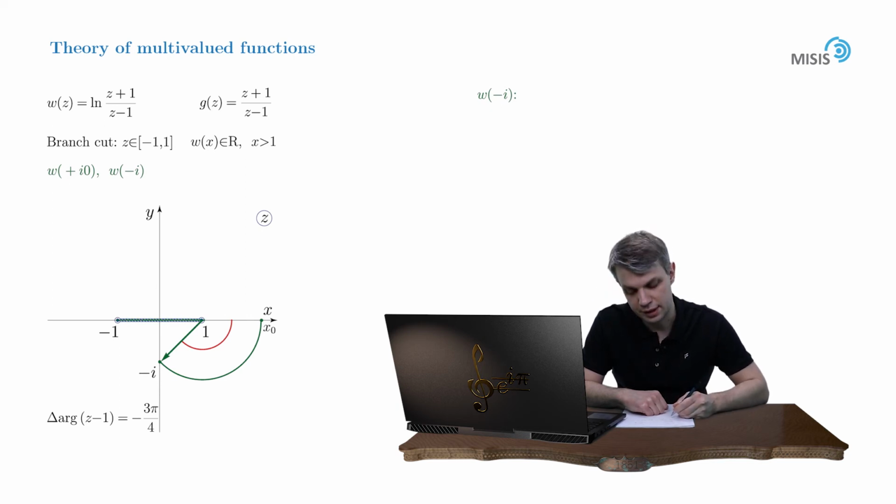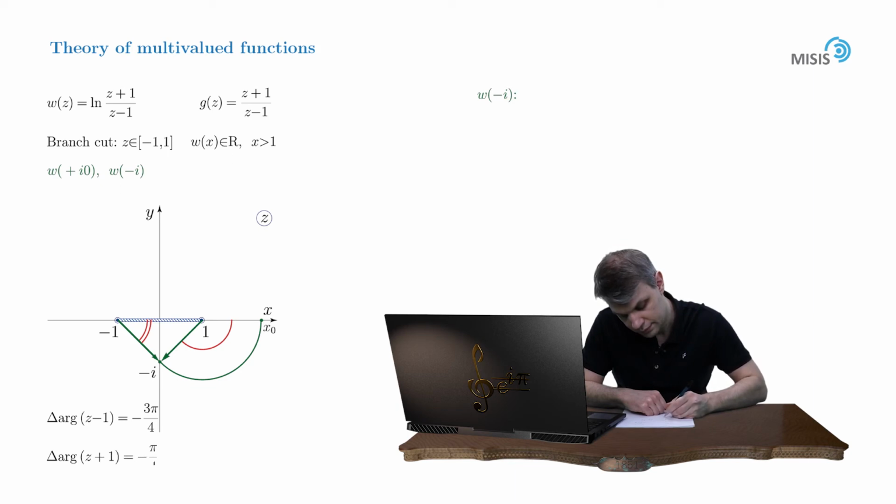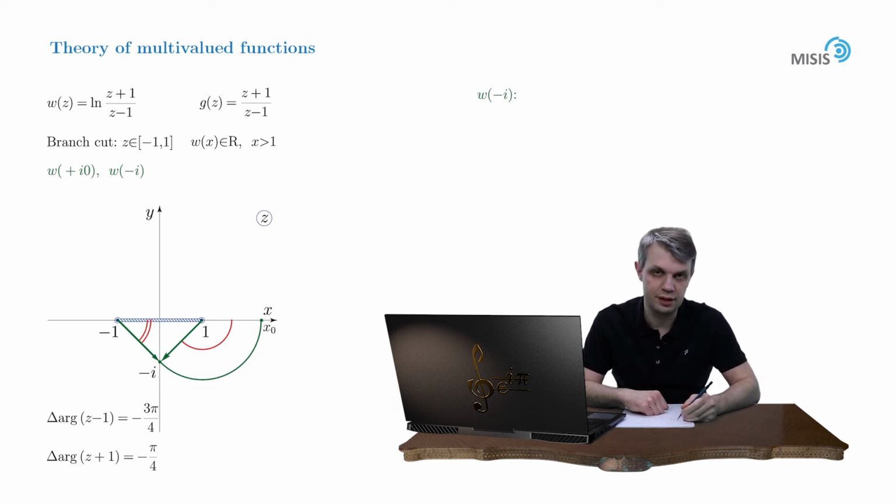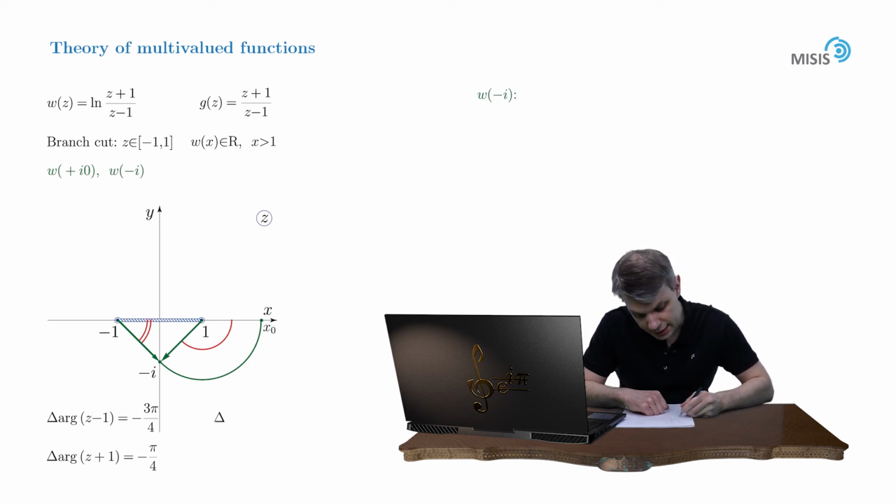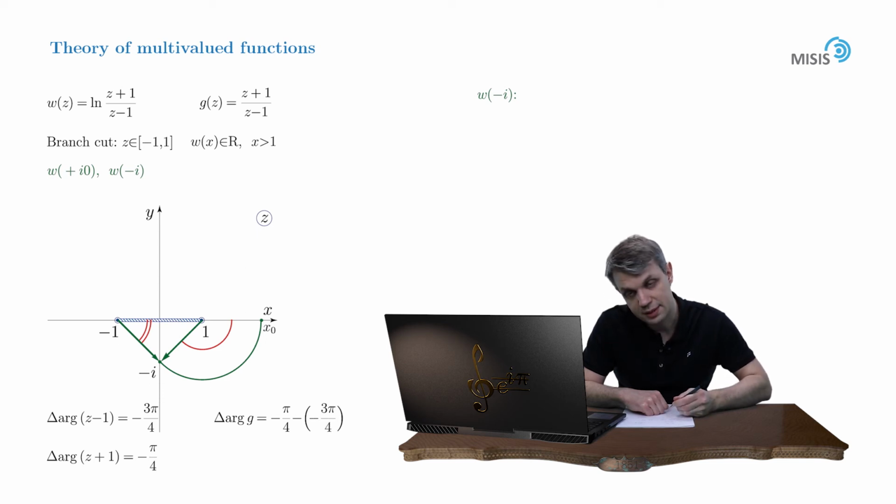The arrow z plus 1 rotates in the same clockwise direction, but by angle pi by 4. So the corresponding change of the argument is negative pi by 4. And hence, the resultant change of the argument of g function is negative pi by 4 coming from the numerator minus negative 3 pi by 4. And we obtain pi by 2.